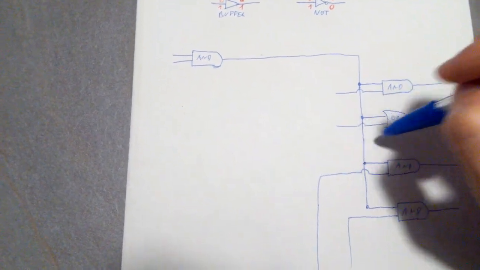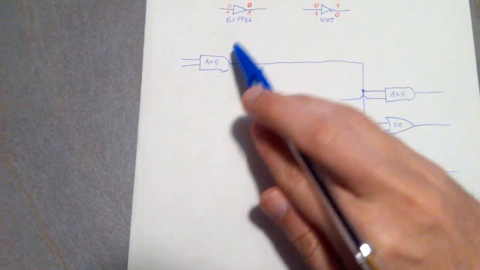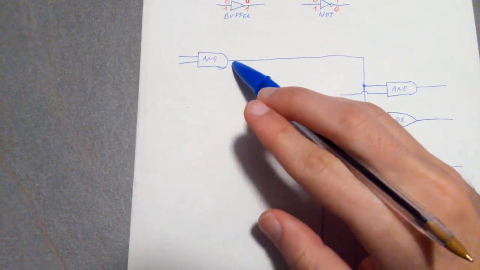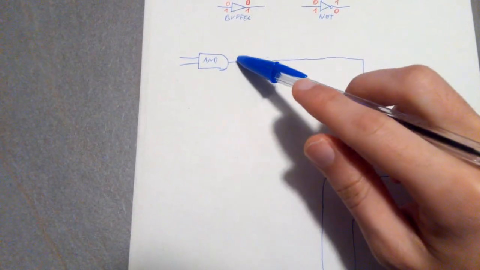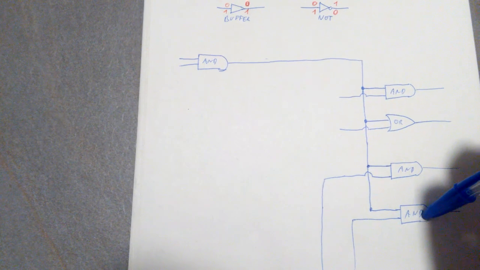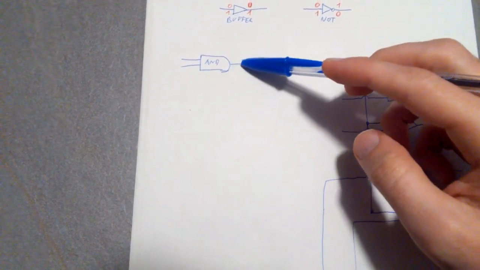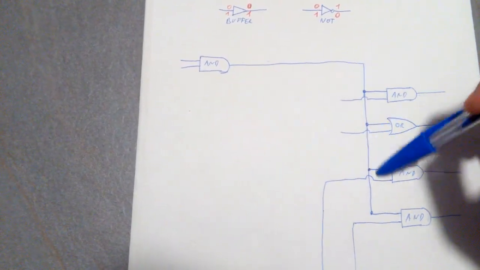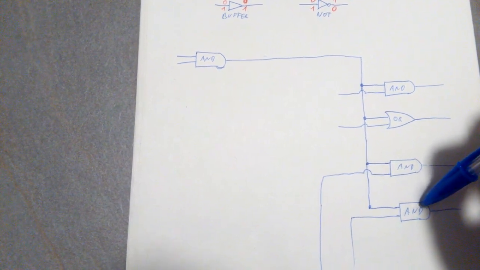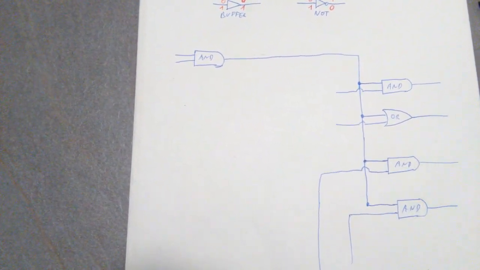The problem with this circuit is that the output of this one is going to be very, very far away from this other one. So it has to travel a very long distance before it reaches this other AND gate.